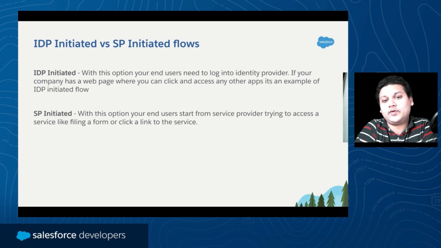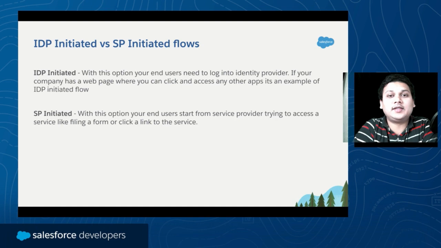Whenever they want to access some system, they will always be in your identity provider. A good example is your company might have a web page where you can see all the applications laid out in tile format or list format, and you can just click on the link and access any application. That's an example of IDP-initiated, in which that web page resides inside the identity provider.